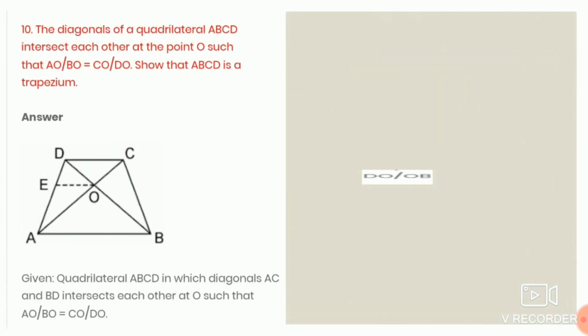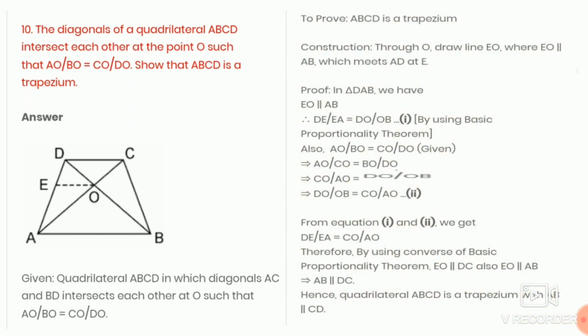In question number 10, we have the diagonals of a quadrilateral ABCD intersecting each other at the point O, such that AO by BO equals CO by DO. Show that ABCD is a trapezium. This is just the opposite, or converse, of the previous question.